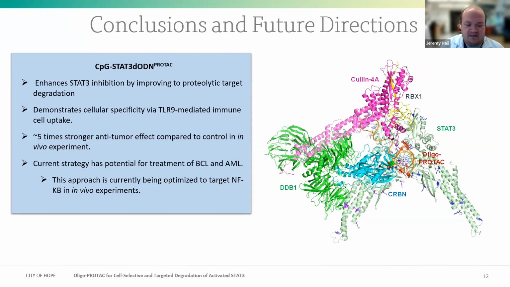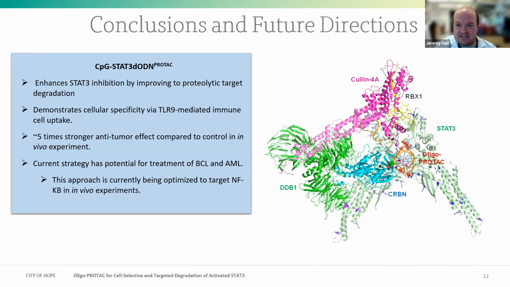And we're able to see improved anti-tumor effects compared to the decoy in an in vivo model, with human B lymphoma cells, and what's known to be a pretty aggressive, highly mutated form of B cell lymphoma. So we believe this could have very legitimate potential in the future of treating B cell lymphoma, possibly acute myeloid leukemia.